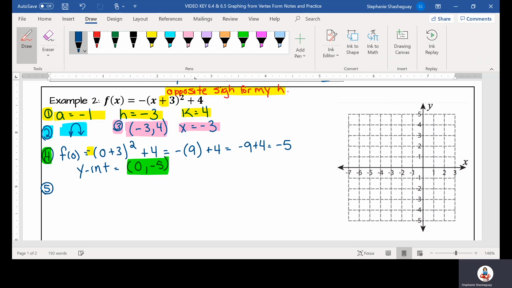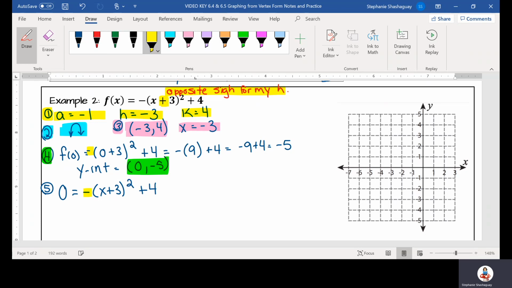All right, now we're on to step 5, which is to plug in that 0 for our f of x. So 0 is equal to negative, x plus 3 squared, plus 4. Well, now I just need to solve.